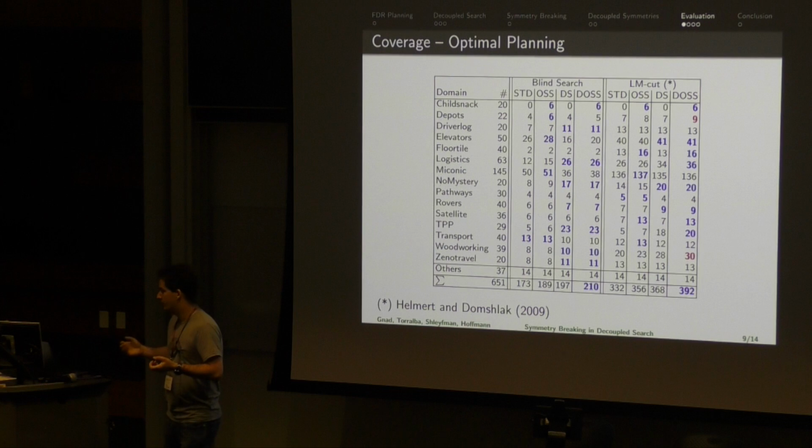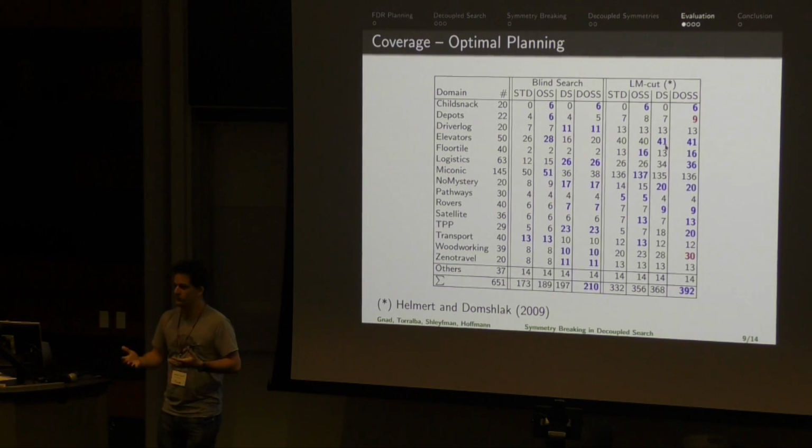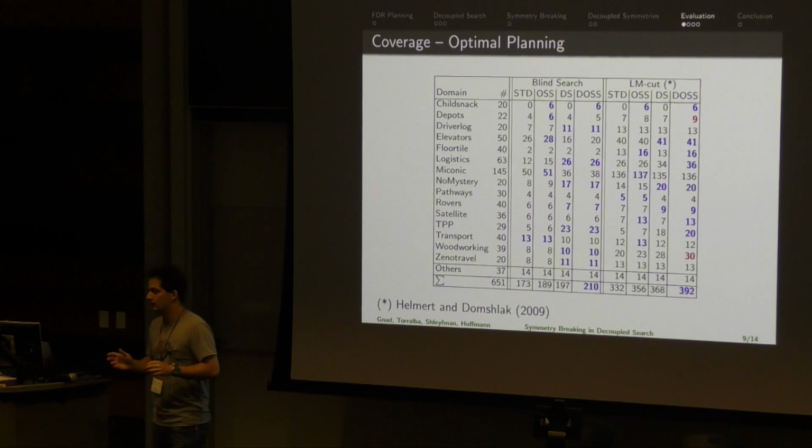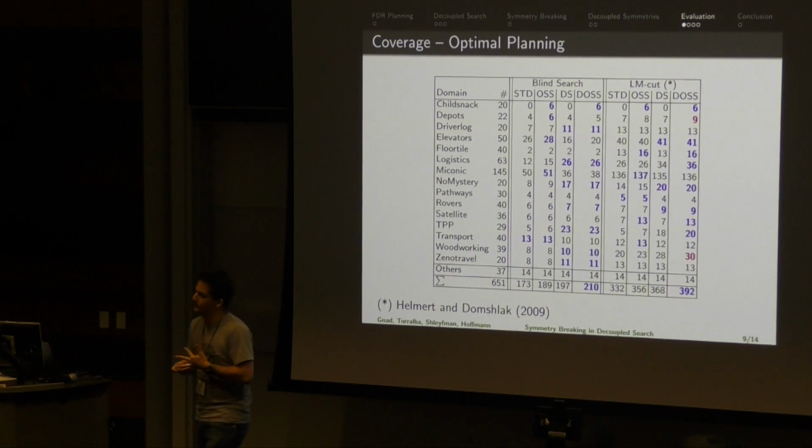And as you see, as soon as you enable LM-cut, so as soon as you use a heuristic, this is really gone. It's some strange fact that really has to do with the zero cost actions.